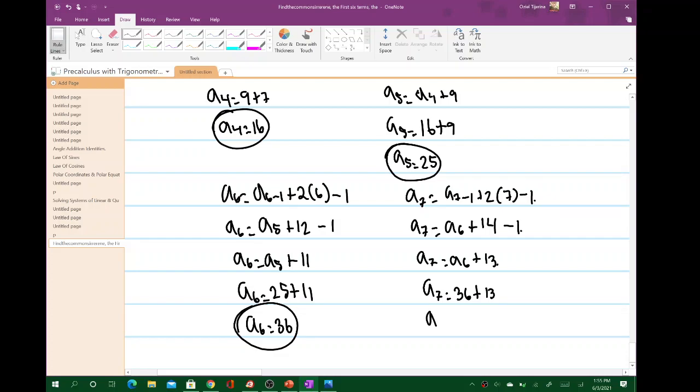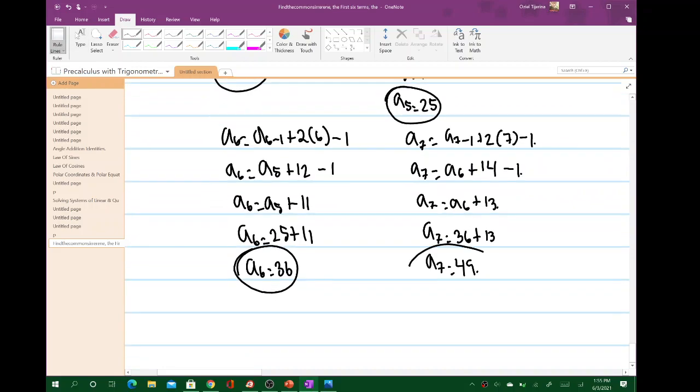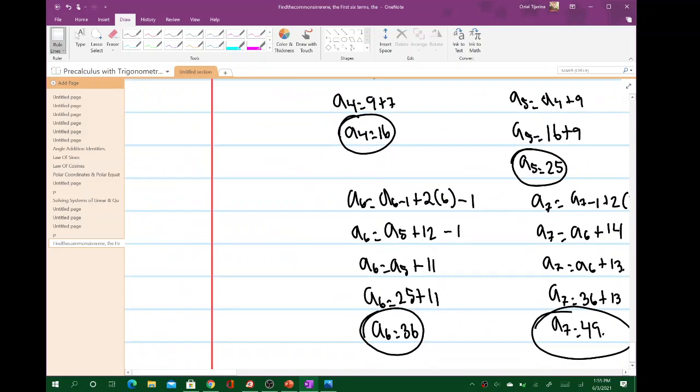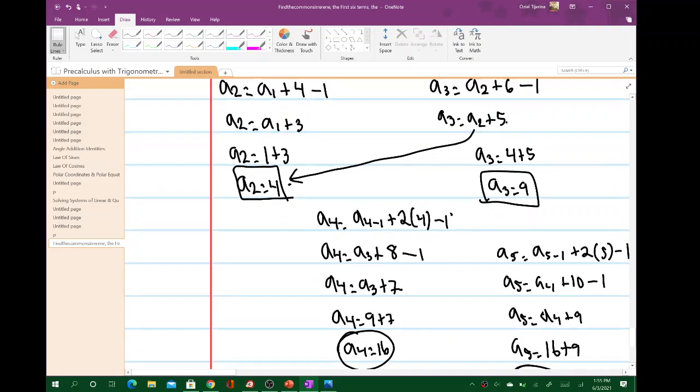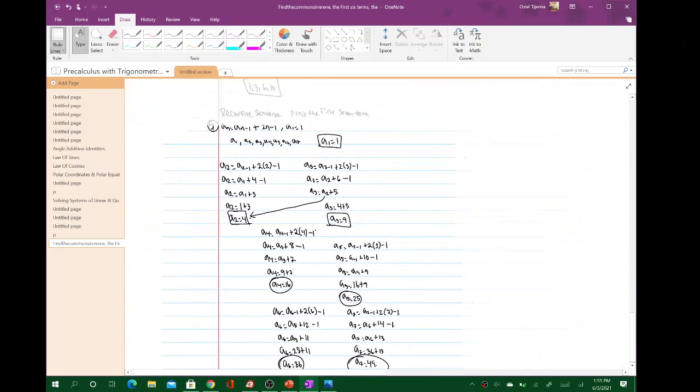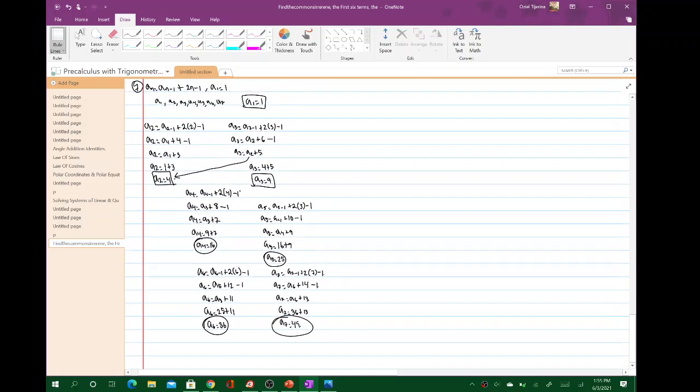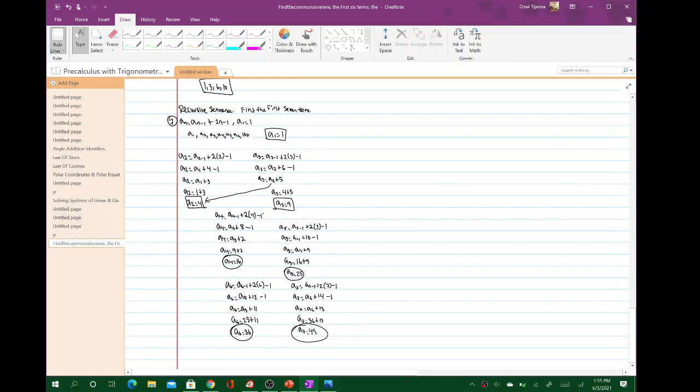Basically, we have a sub 7 equals 49. So the first 7 terms of the sequence are as follows, and I'm going to write this down so we know exactly what we're looking at.